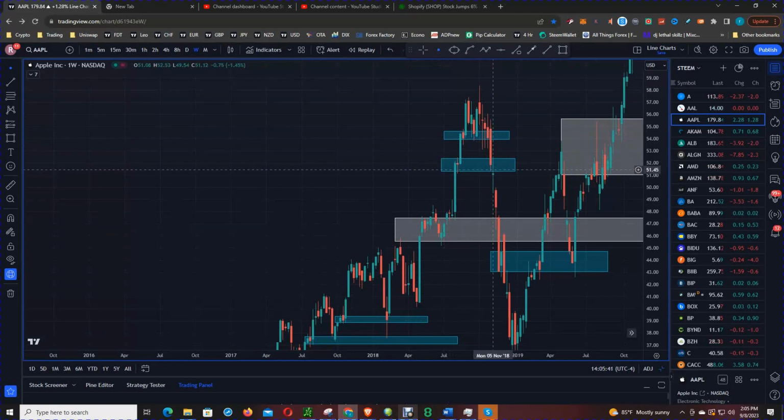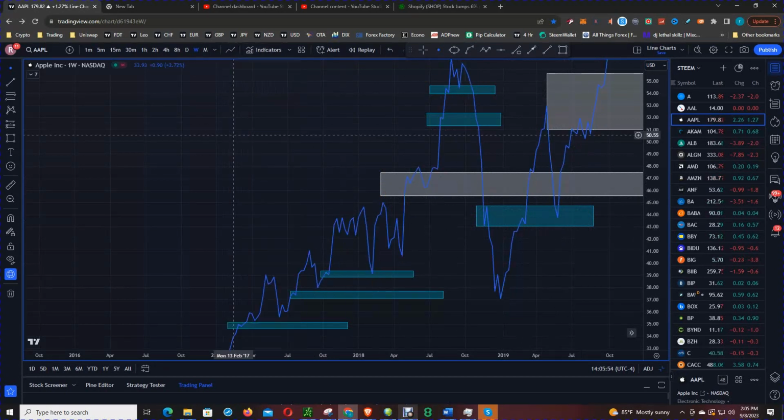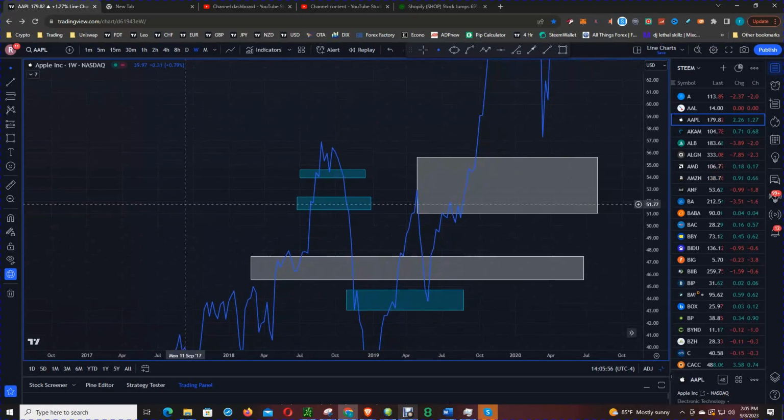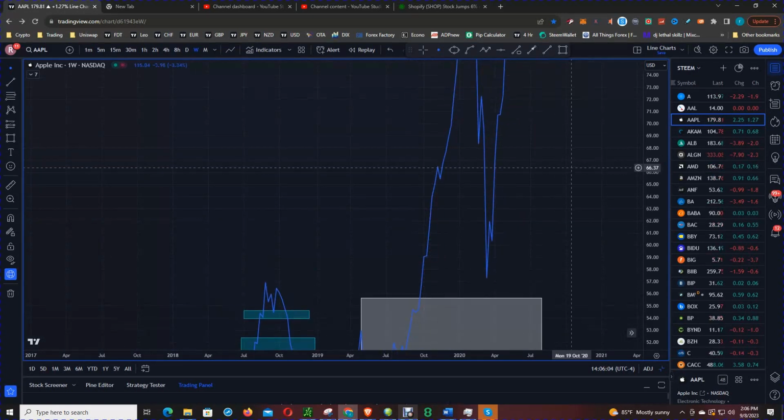Worked out a little bit. This didn't work out. This didn't work out. This is the rally, base, rally. Did work out, depending on where you drew your stop. A rally, base, rally, rally, base, rally, rally, base, rally.